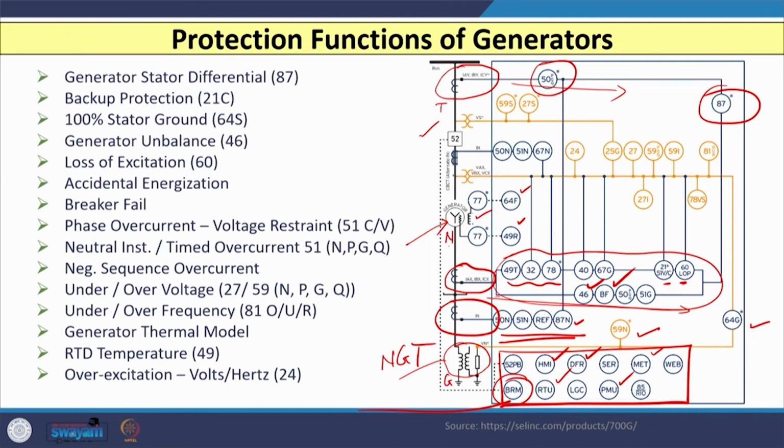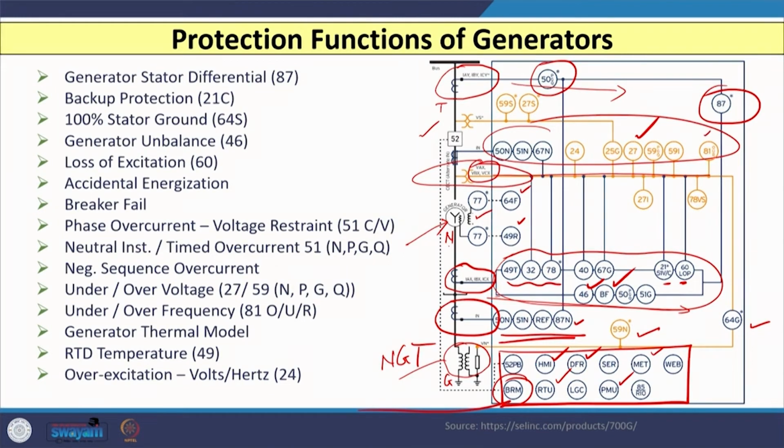Along with that, you can see the other voltage transformers are also there on the terminal side of the generator, which is nothing but the voltage transformer or the potential transformer or the CVT. So, here 3 voltages are taken and you can see these are connected with several other devices. 27 is meant for undervoltage and 81 is meant for frequency.